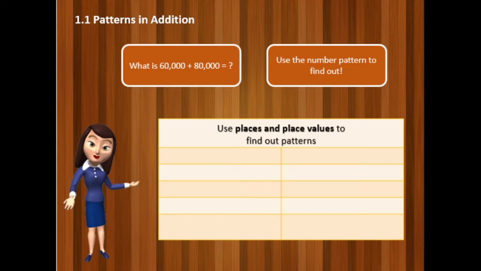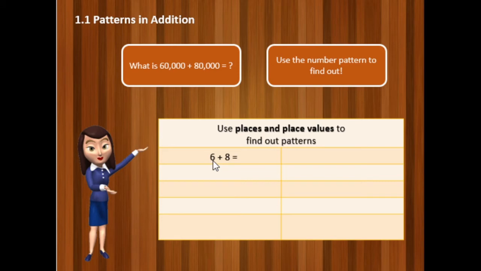In the table, we write down the places and the place values to find out the pattern. We have 6 plus 8. 6 plus 8 is equal to 14.